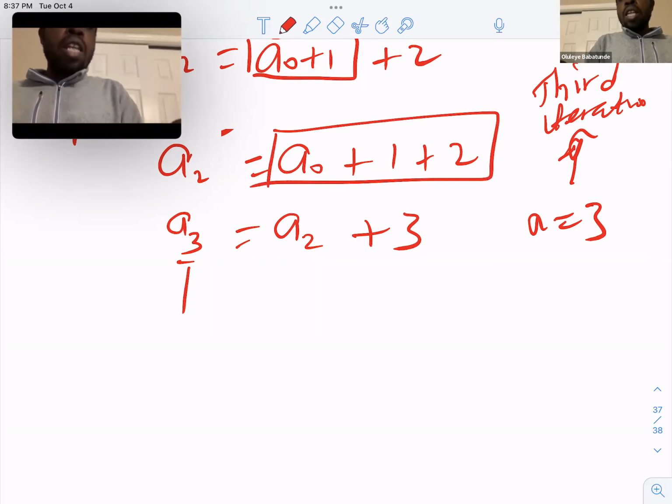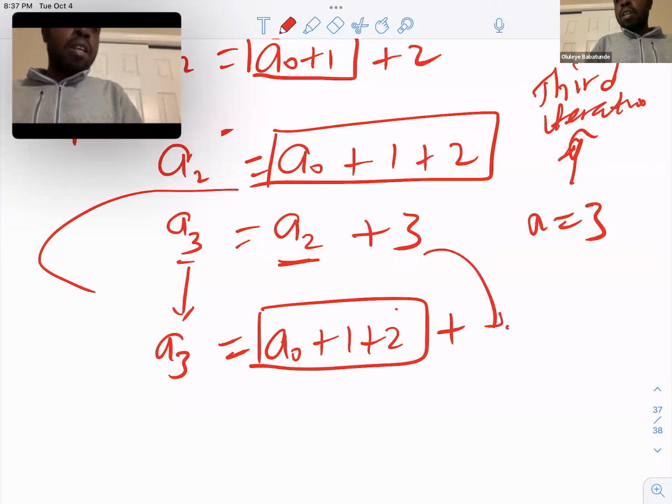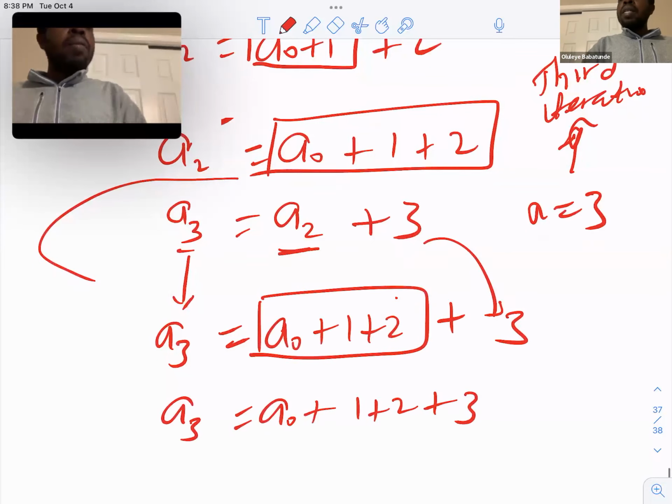So your a_3 now becomes, instead of writing this, I'm going to write this, a_0 plus 1 plus 2. This is my a_2, then plus 3 here. So that becomes a_3 equals a_0 plus 1 plus 2 plus 3.